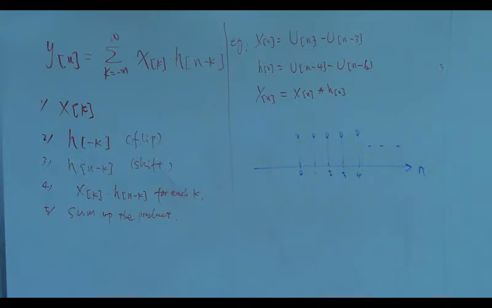Then when n equals 5, shift this one to the right, it will be here and here, right? So you multiply, then you add, you get 2. Then just slide, multiply, and add.